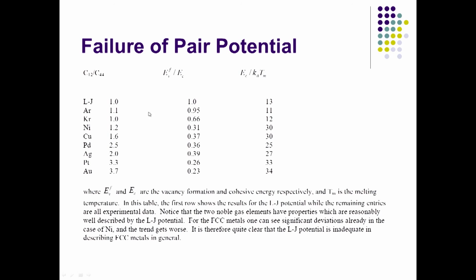So, now you can see the comparison between the vacancy formation energy and cohesive energy diverges quite a bit. In actuality for nickel it should be close to 0.31, but it is predicting 1.2. So, the Lennard-Jones function stops working at a certain point, and that is where you have to use a multi-body potential, as we had described in terms of the EAM potential.